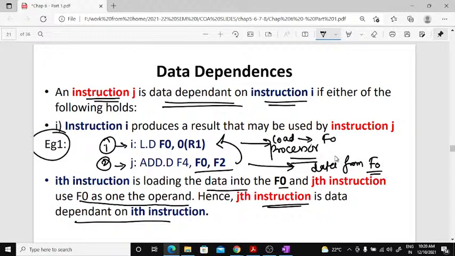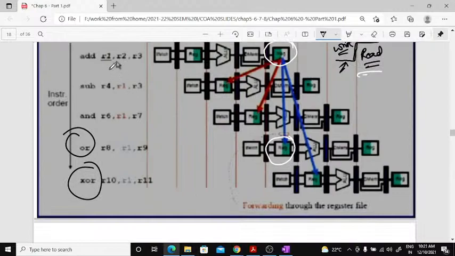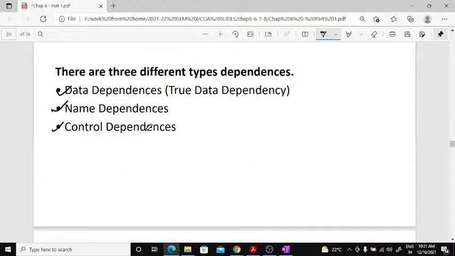Like there is a data dependency. The instructions are different. Here this is a different type of processor. That's why we represent L dot D, add dot D. In the earlier case, the instruction was different, like add R1 comma R2 comma R3. So this is a different type of processor.